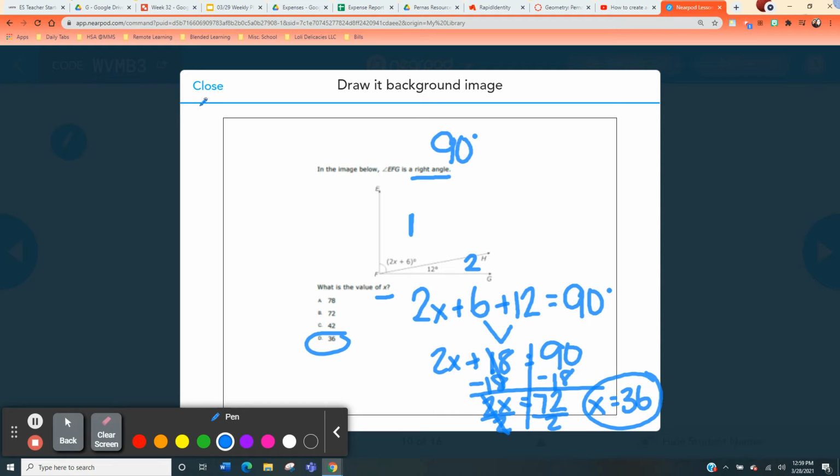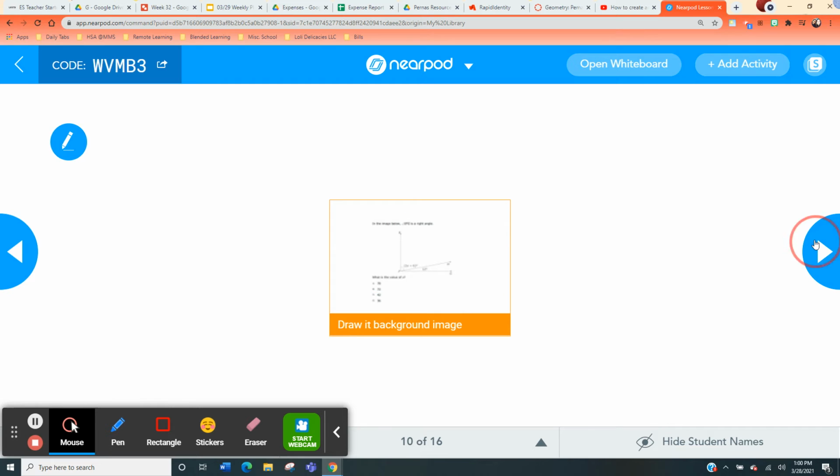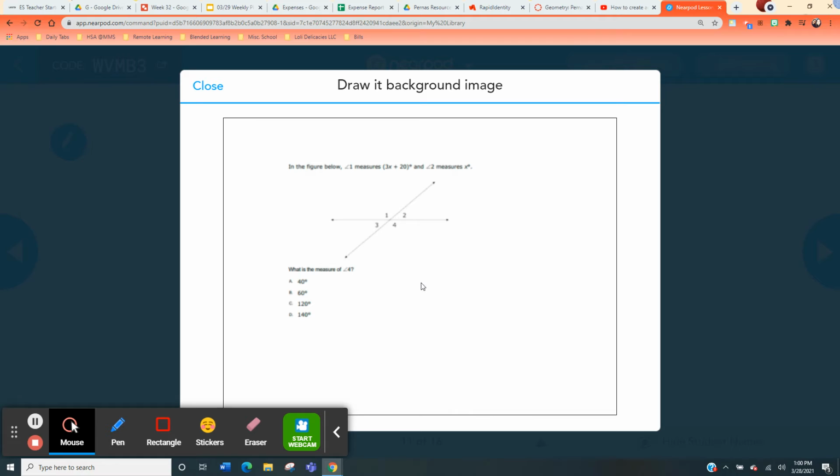So let's go ahead and look at the next question. It says, in the figure below, angle 1 measures 3x plus 20, and angle 2 measures x. What is the measure of angle 4? So we can do this one way.